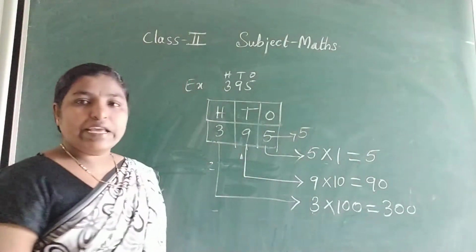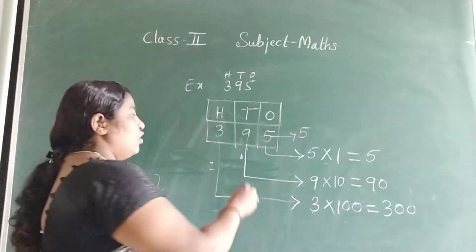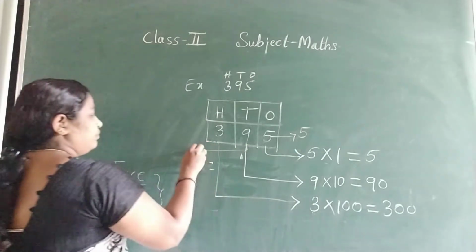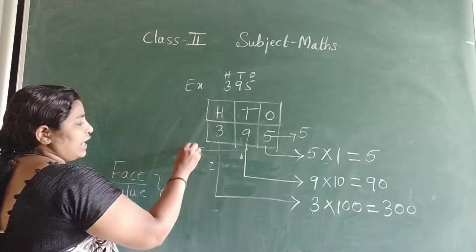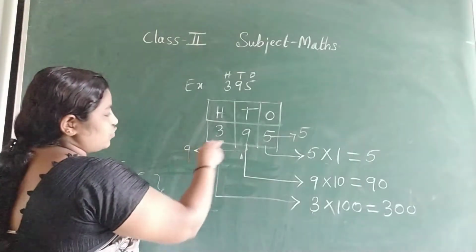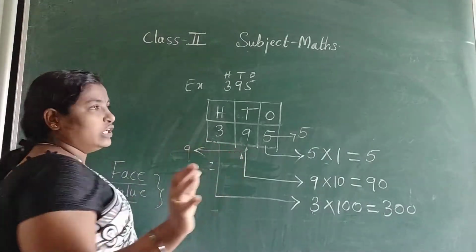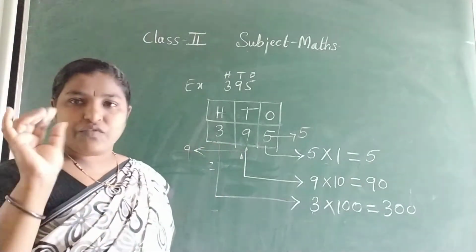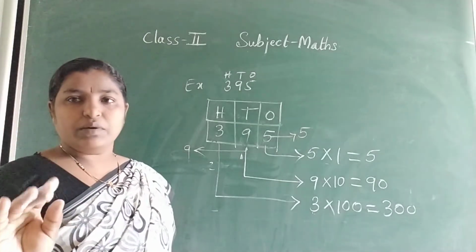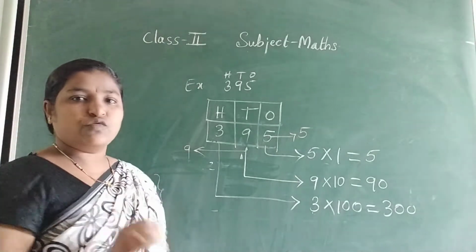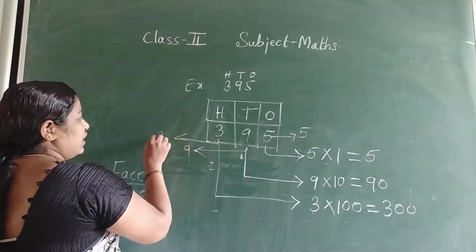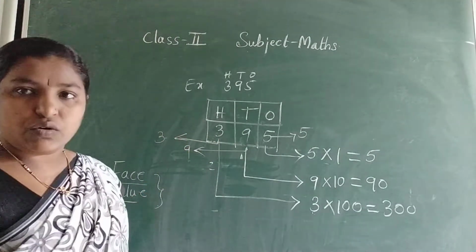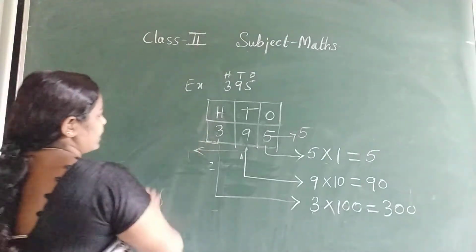What is the face value of 9? 9 itself is the face value of 9. Don't think about places and all, just the face. What is the face of the number? That itself is the face value. So the face value of 3 is 3 only.